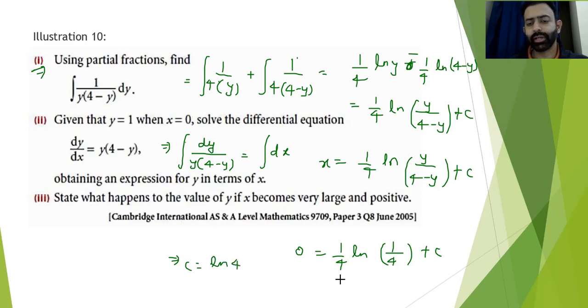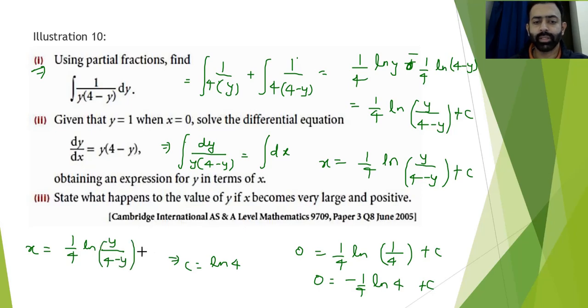Okay, ln of 1 by 4 can be written as minus 1 by 4 ln 4, and this 4 can be transferred to the LHS. So you will get c as just ln 4. So putting c as ln 4 back into the equation, x is equal to 1 by 4 ln of y over 4 minus y plus ln 4.